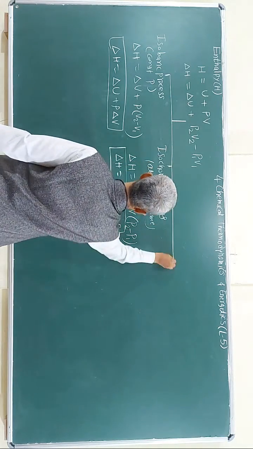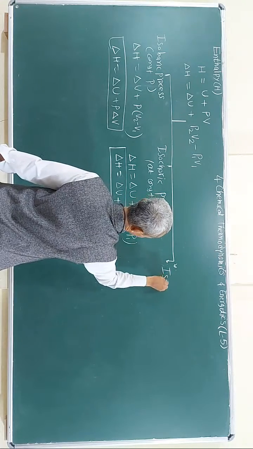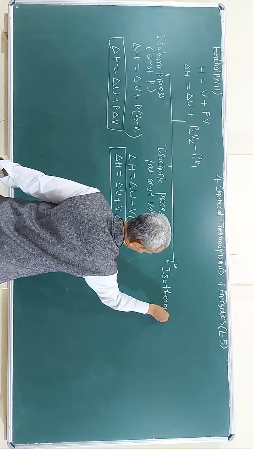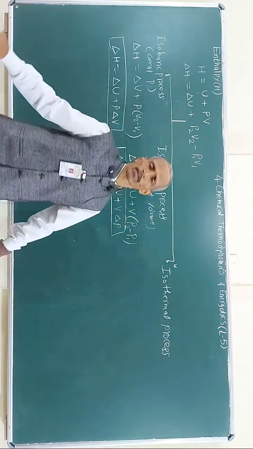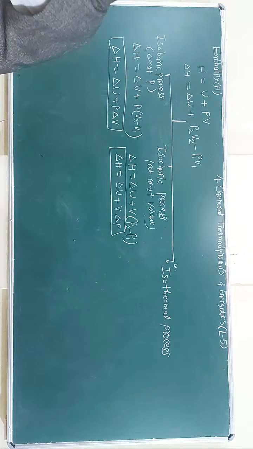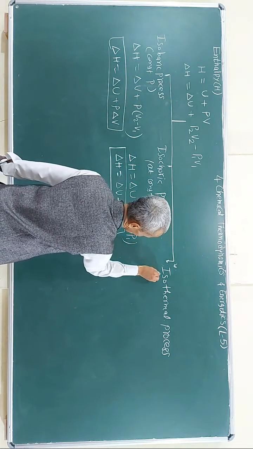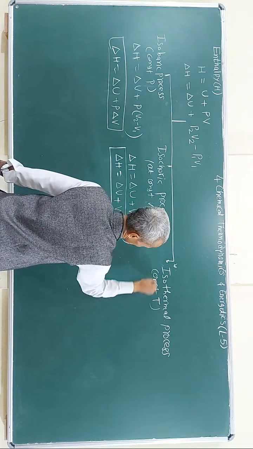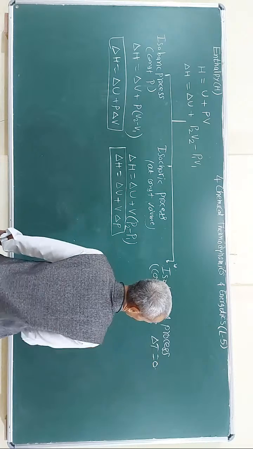For an isothermal process, delta T is equal to 0.